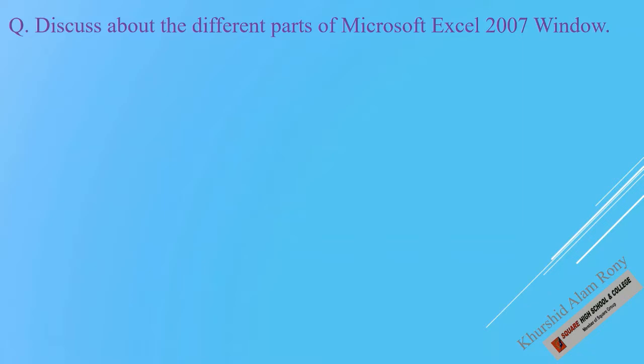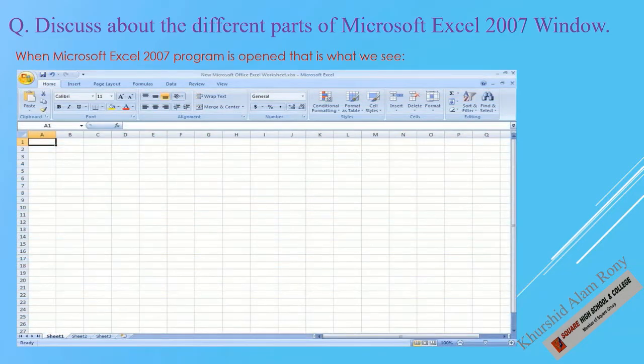Now another question is, discuss the different parts of a Microsoft Excel 2007 window. When the Microsoft Excel 2007 program is opened, this is what we see.